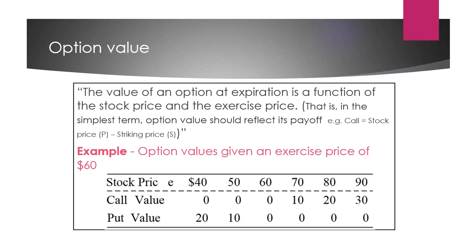Generally, there are two payoffs between the time of issuing or purchasing the option and the time of expiration. In the case of the call option, the payoff at time 0 for the one purchasing the call option is negative, less than 0, because he or she is paying the option price.